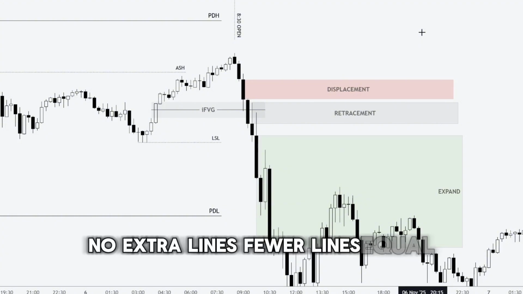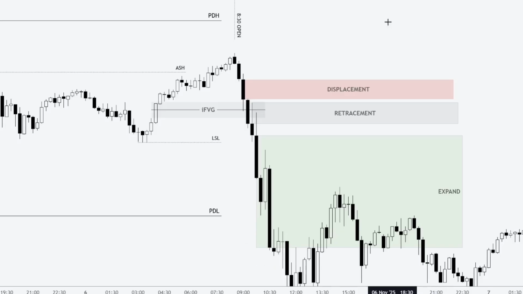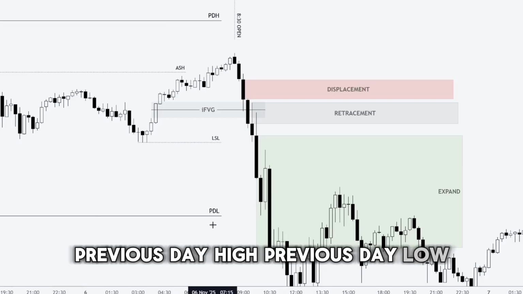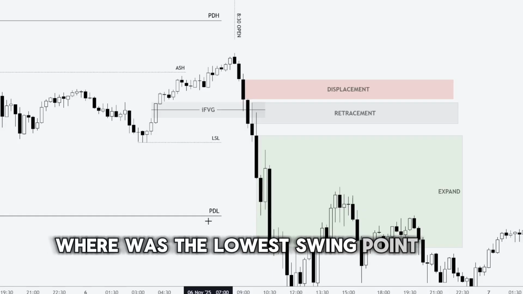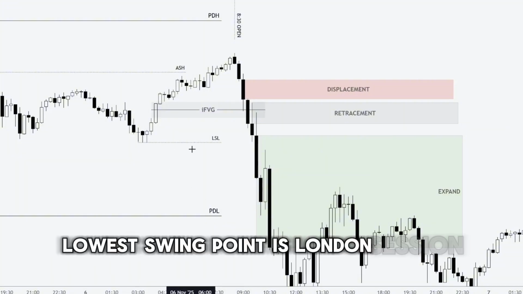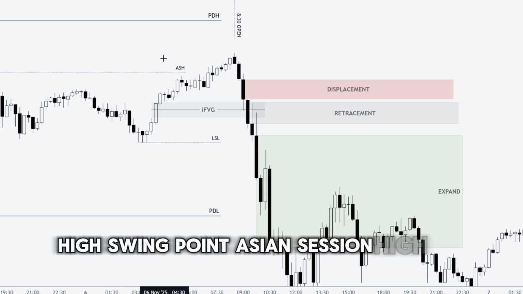Fewer lines equal clearer decisions. So, previous day high, previous day low. Now, we want to track in the previous sessions where was the lowest swing point and the highest swing point. Lowest swing point is London session low, highest swing point, Asian session high.